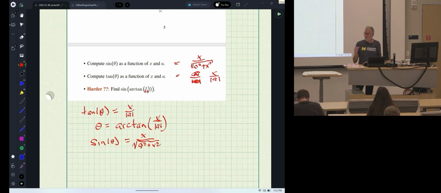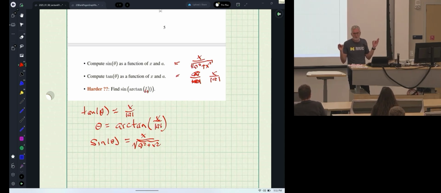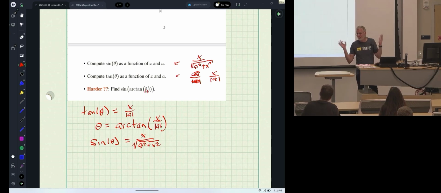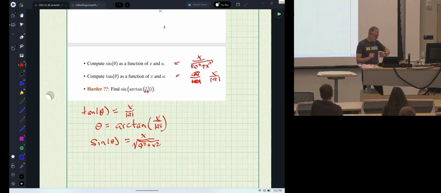Okay, so here what did we do? We applied the definition of sine, the definition of tangent, the definition of arctangent, and then it just fell apart. You see the message there? So we'll do that 20 times in this semester, okay? That's how you learn math. You just practice it over and over.